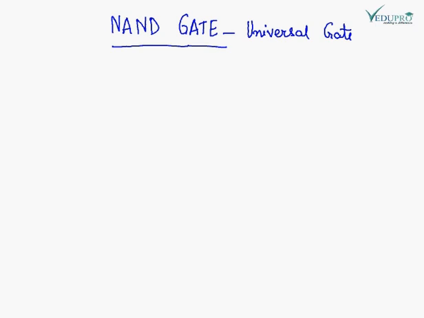We will prove here that NAND gate is a universal gate. We will see one by one how NAND gate can implement other gates. This is a NAND gate. Both the inputs of the NAND gate are shorted and given one input. It becomes a NOT gate. See, suppose A is the input.